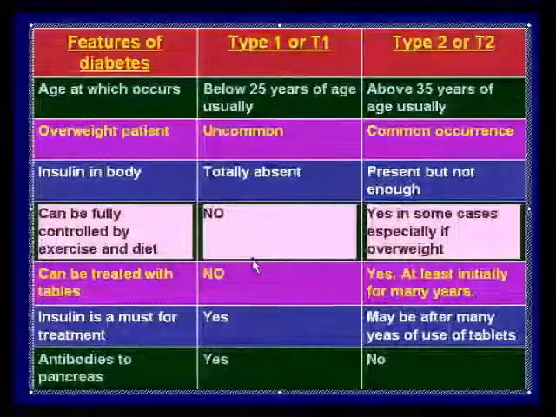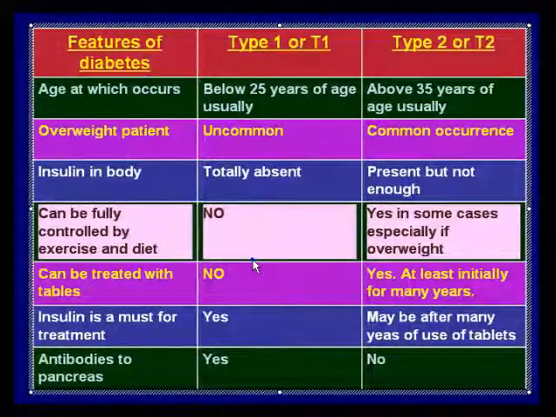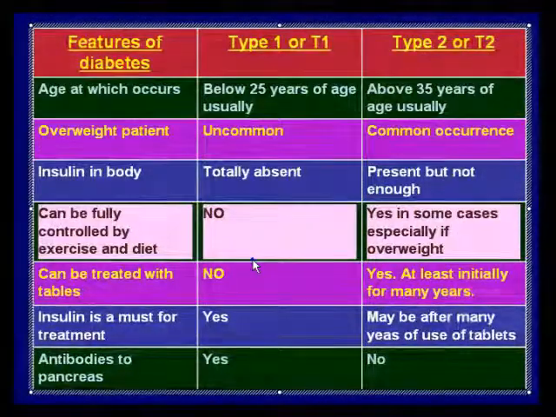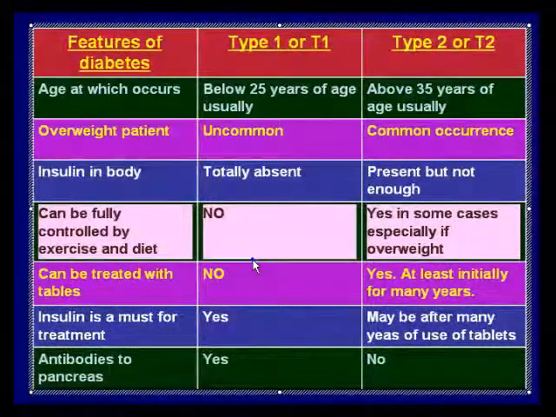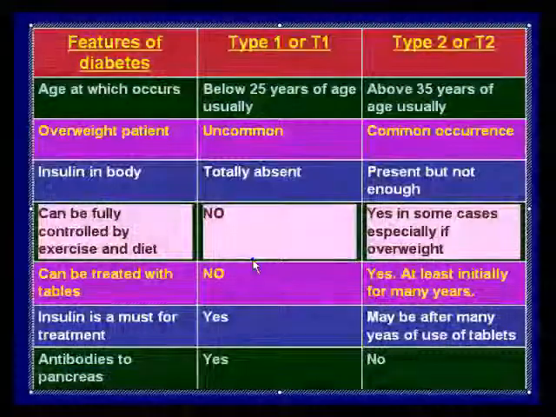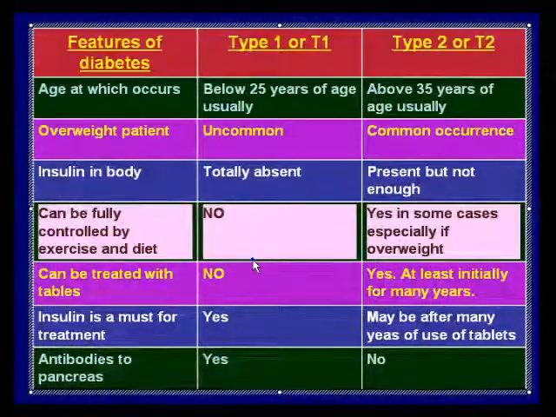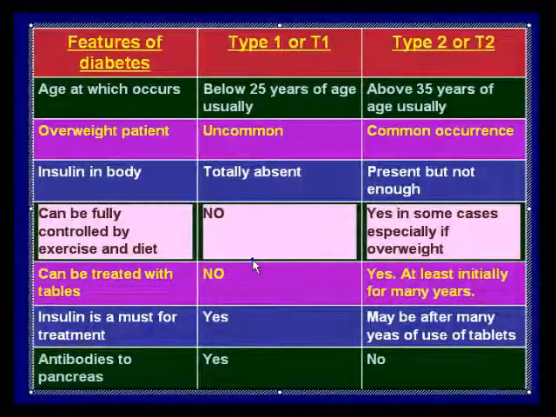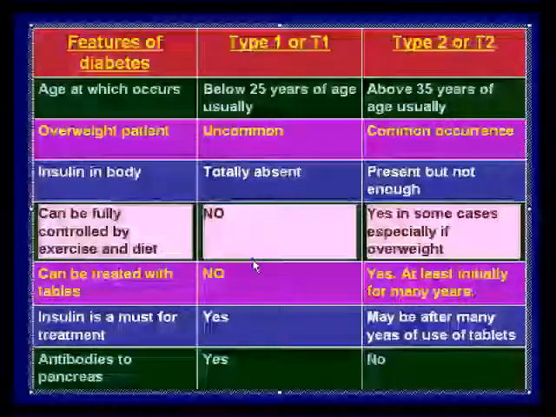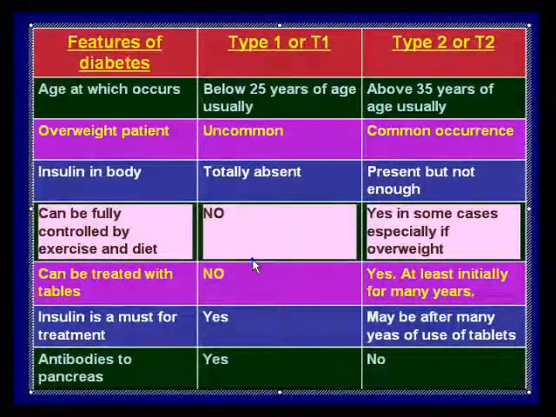Compare this to type 2 diabetes, where in some cases, especially in the beginning and especially in those cases that are overweight, exercise and diet can play a major role, and in some cases there may not be need for any medication. Even if the medication is started, it can be stopped if the weight is corrected.